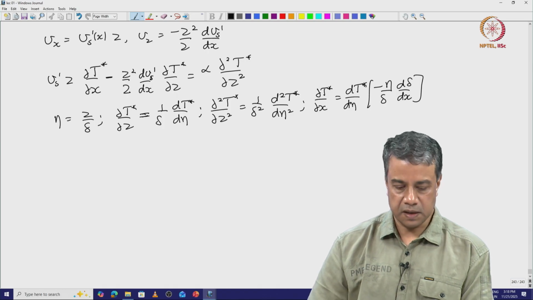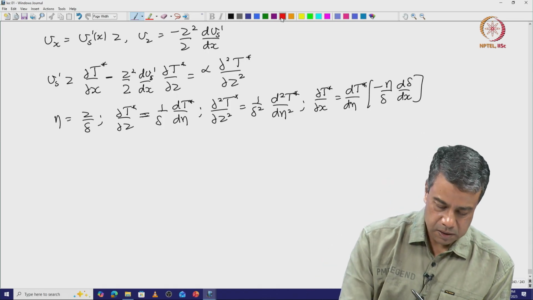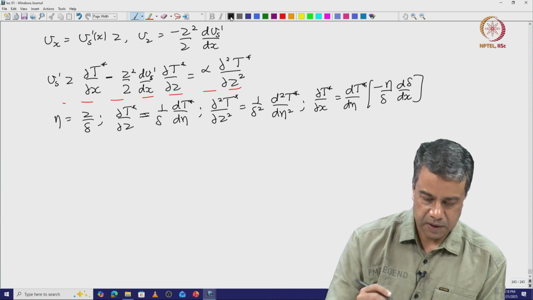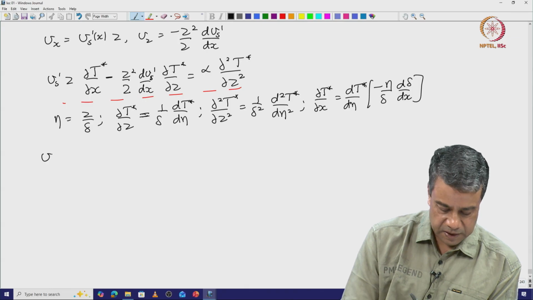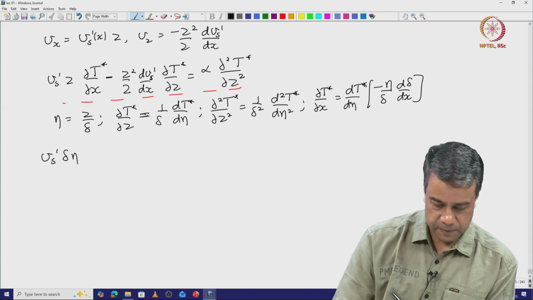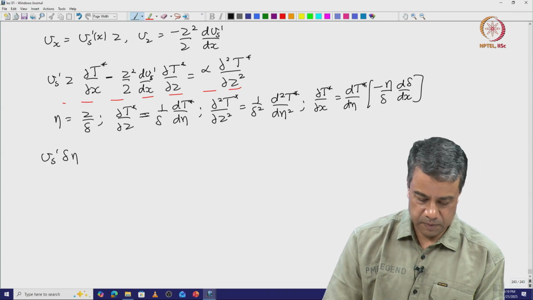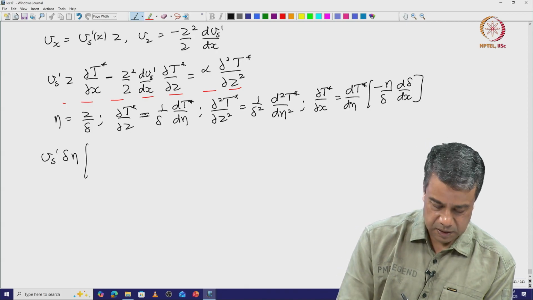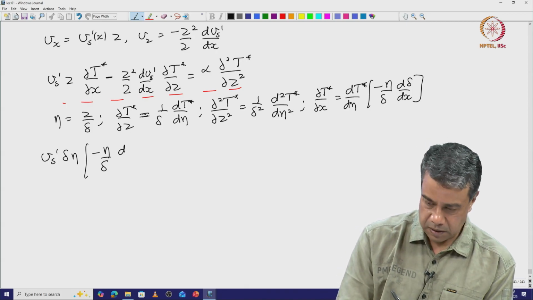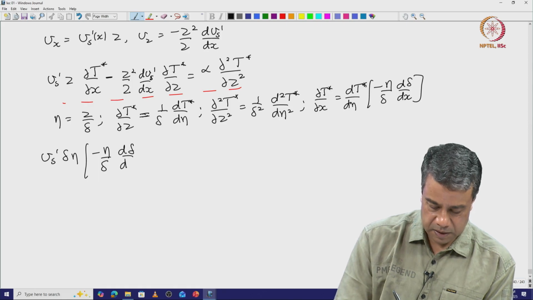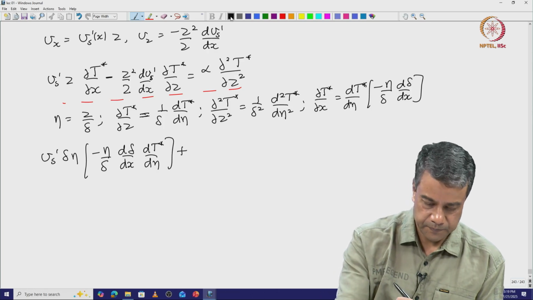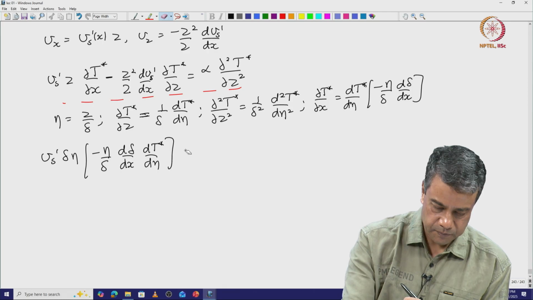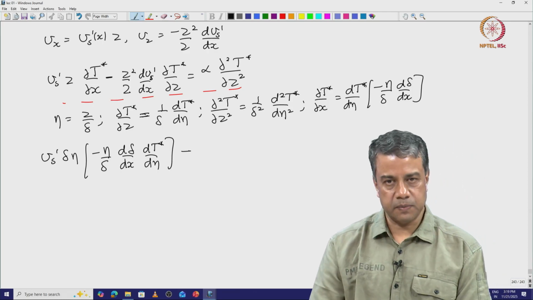So, you can substitute that into the governing equation. Vs prime delta eta times partial T by partial x, so this is minus eta by delta d delta by dx dT star by d eta, minus z square by 2.